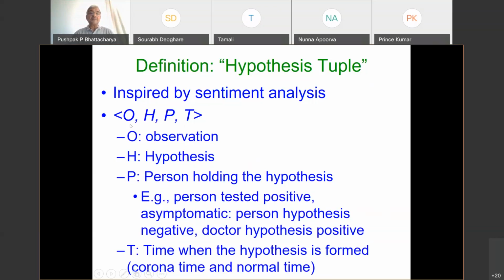Now, in this case, the data, the hypothesis, the person holding the hypothesis, and the time of hypothesis, all of these are important because the hypothesis will differ from person to person, and it can also change with time. So in our last discussion, we took this example of COVID situation.